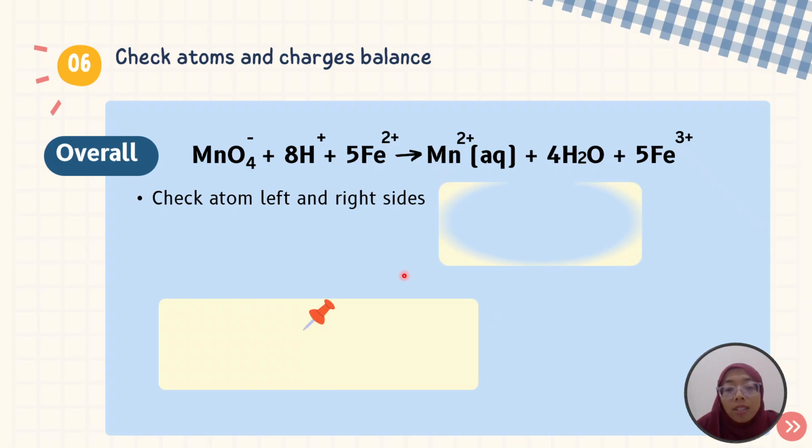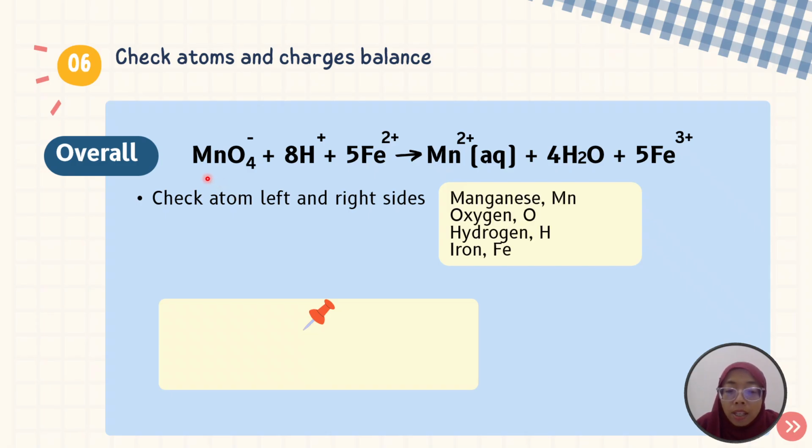We look at manganese first: 1 atom Mn on the left side, 1 atom Mn on the right side. For oxygen, the subscript here is 4, so the stoichiometry amount is 1 times 4, so 4 oxygen atoms on the left side. On the right side, oxygen in H2O, 4 oxygen atoms. So 4 oxygen atoms on left and right side, balanced already.